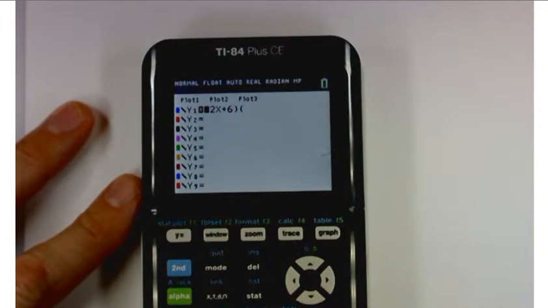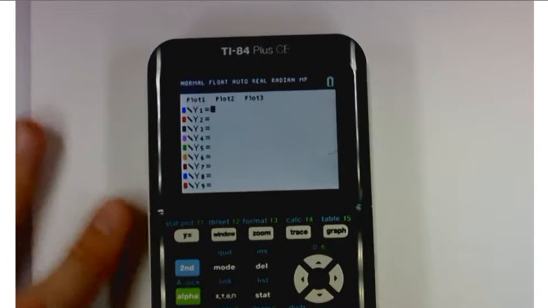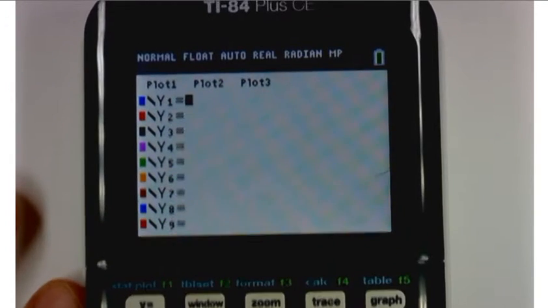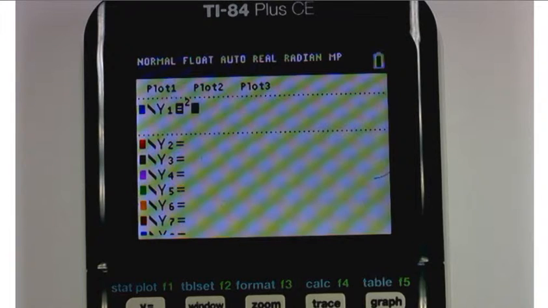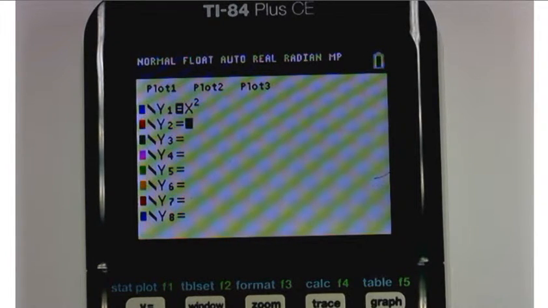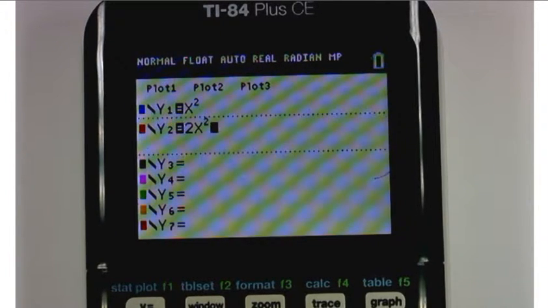Let's go with a familiar one: f of x equals x squared. And let's type in a couple other functions, like 2x squared or 3x squared.